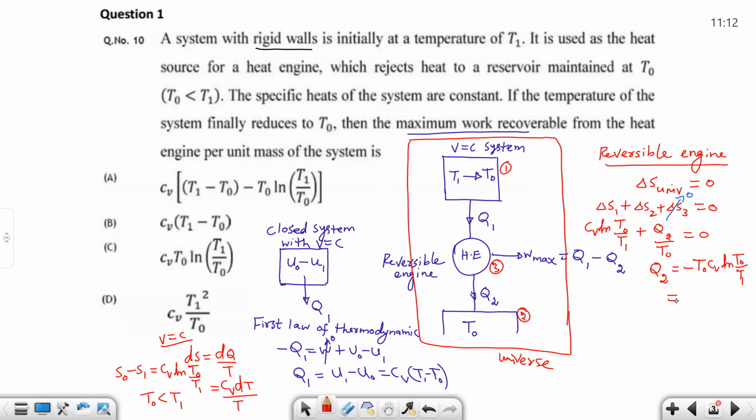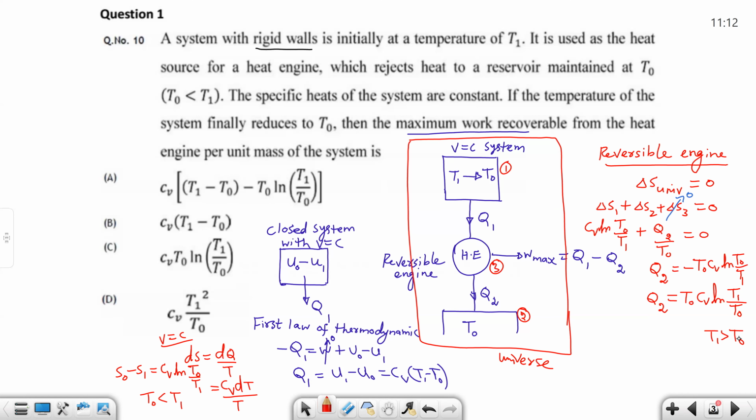So Q2 will be made minus sign if you take it there. So Q2 is T0 into Cv ln T1 by T0. So this is the heat transfer. This quantity will be positive because T1 is greater than T0. So the heat rejected.